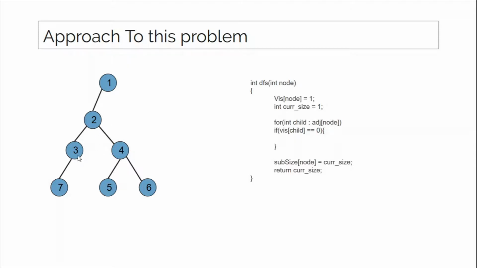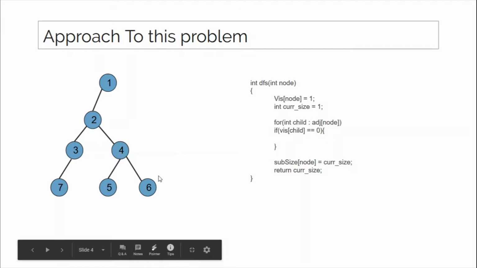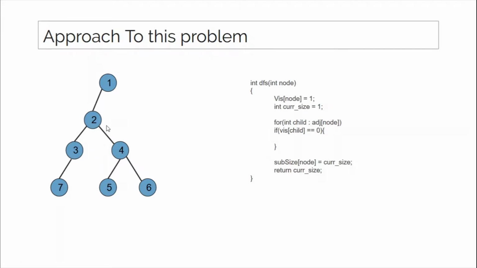So the subtree size of node 3 is 2, the subtree size of node 4 is 3, so 2 and 3 becomes 5, and then you would add 1 as well for this node, so it will become 6. So the subtree size of a current node can be calculated from the subtree size of its children.